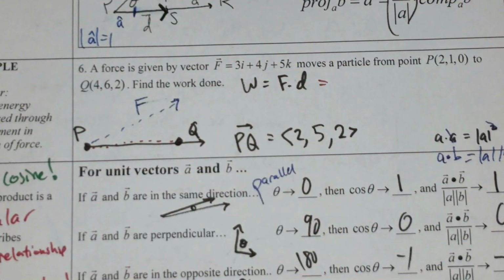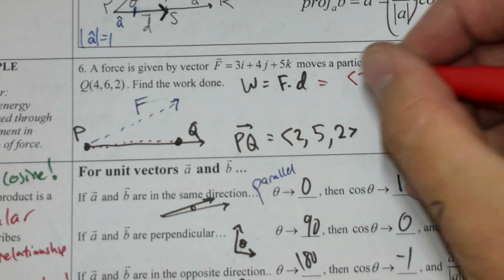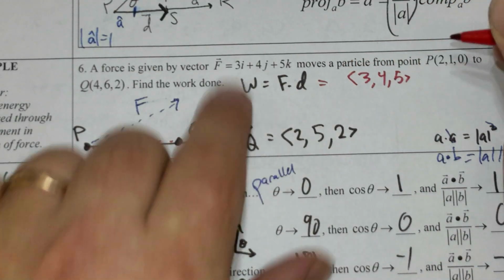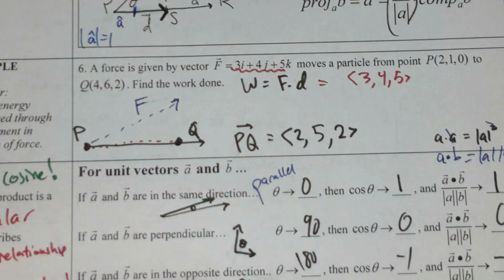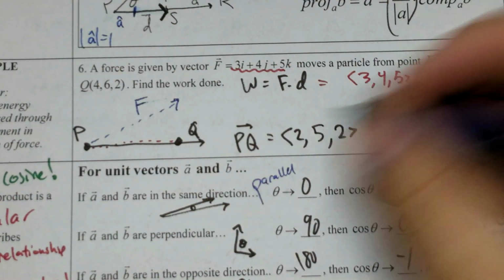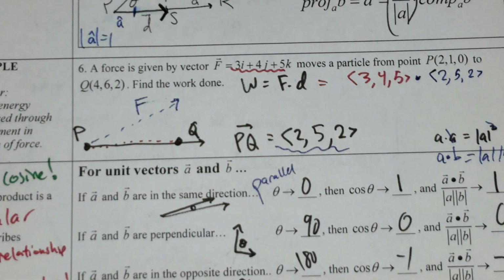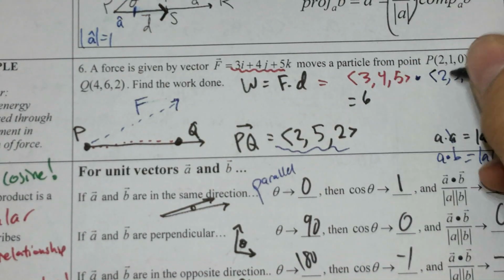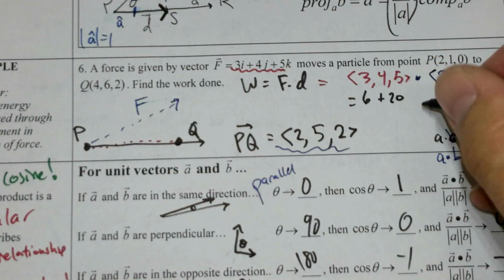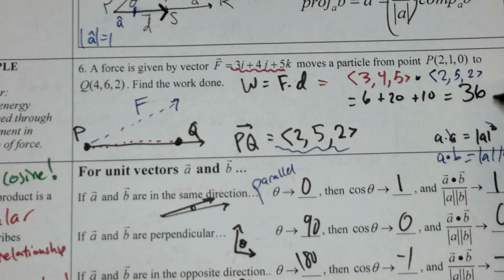So when I'm doing this F dot D, I have my force, 3, 4, 5, from here. I'm going to dot it with that displacement vector, 2, 5, 2. And from there, it's just a simple calculation. 3 times 2 is 6. 4 times 5 is 20. 5 times 2 is 10. I've got 36. The amount of work done is 36.